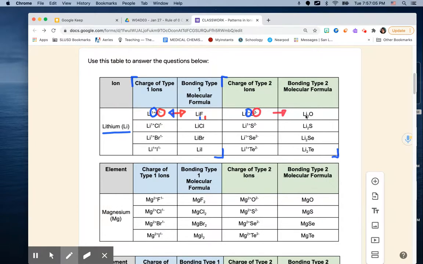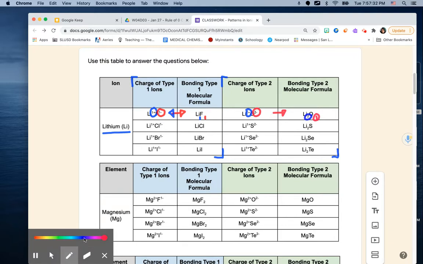And when I look at when they connect on this side, notice that this time I need 2 Li's for every single O, or oxygen, that I have, right? So O has no number, which means I have 1 O, right? So this pattern might be kind of tricky to figure out.